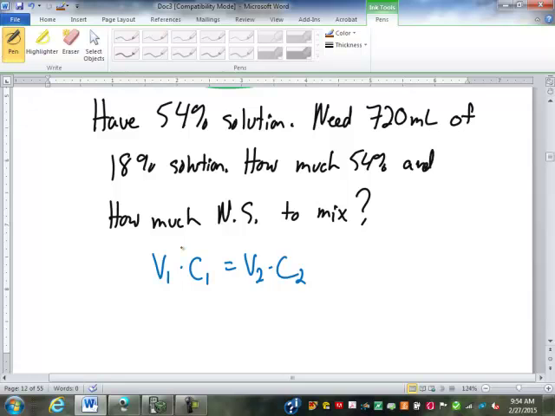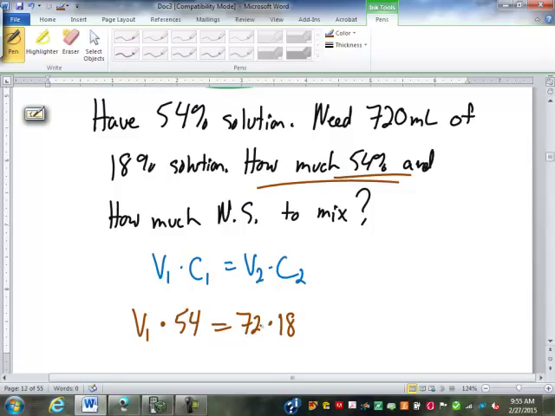You guys choose. It doesn't matter to me. 54 or 18? 54. So 54 goes in for C1. Do we know V1? No. We're looking for how much of the 54. So on the other side, C2 then, of course, has to be the 18. We better know V2, the 720 milliliters.